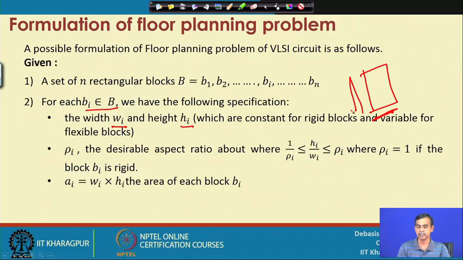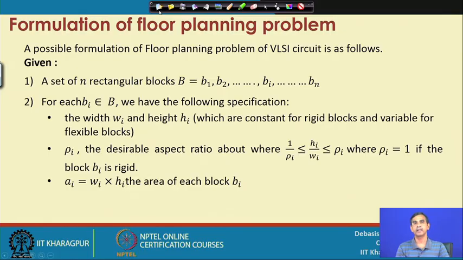There is also another specification. The blocks are rigid, which means the width and height cannot be changed, and rho I for each block states the aspect ratio, which is H I by W I. Rho I equals 1 if the block B I is rigid, so we assume that rho I equals 1 in this case.